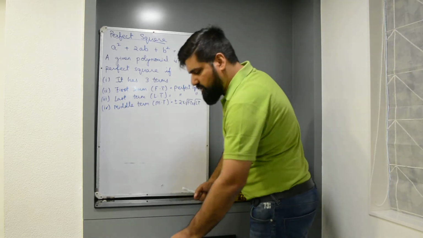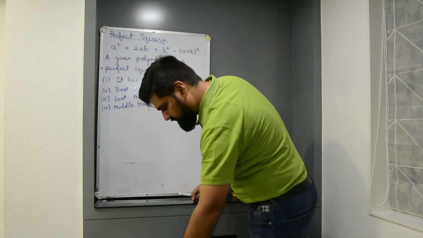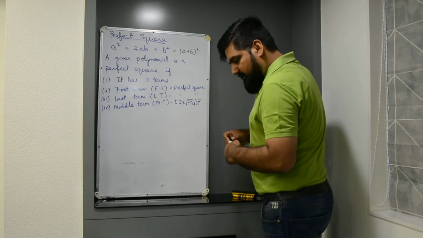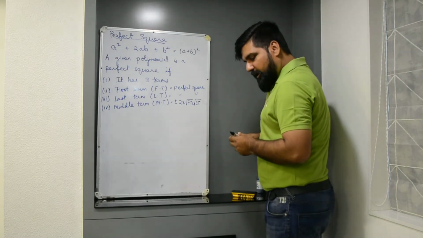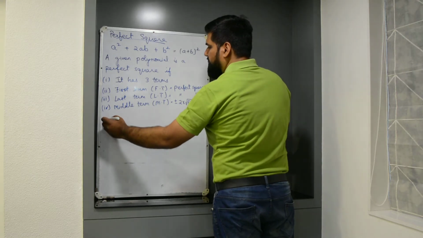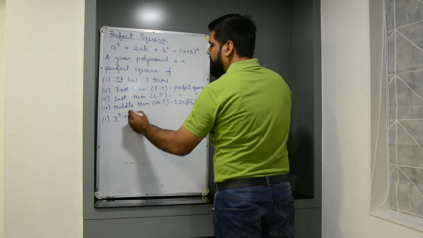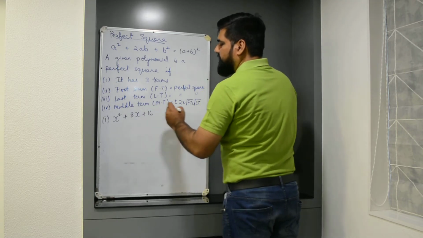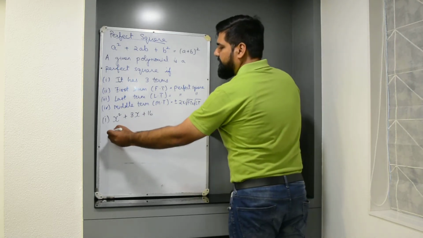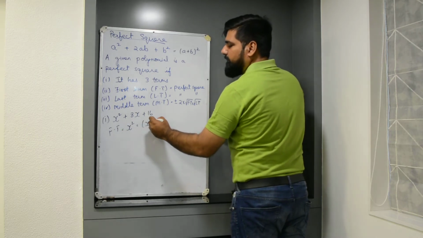Suppose we have a question to check whether the given polynomial is a perfect square or not. The question is x² + 8x + 16. The first term, x², is a perfect square.